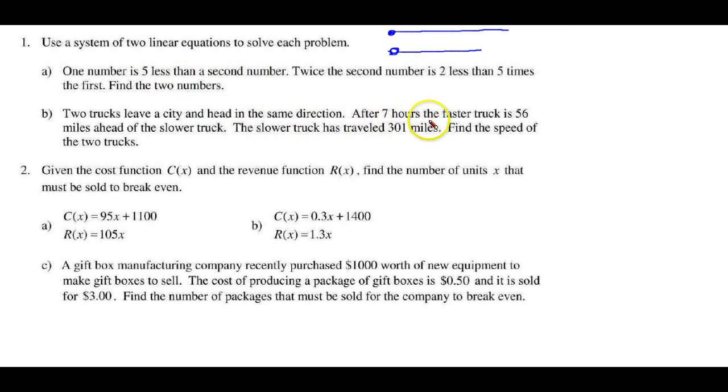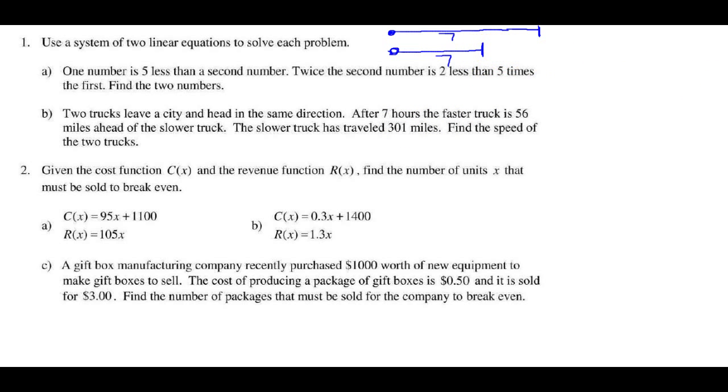After 7 hours, the faster truck is 56 miles ahead of the slower truck. So here's the faster truck, and it's 7 hours, and here's the slower truck, and it's gone 7 hours also. The slower truck has traveled 301 miles.